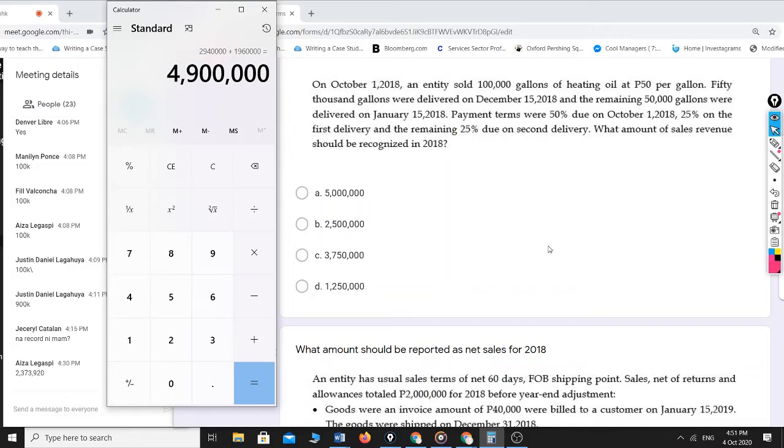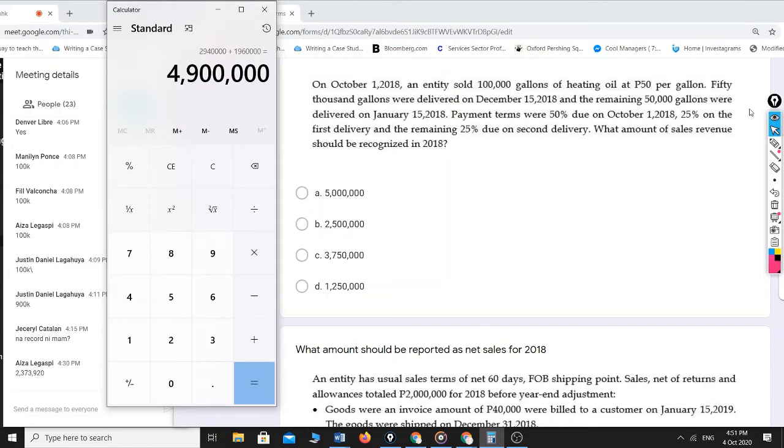Okay, so ang atong lantawon ani sa problem is the date of delivery. Since the question is sales revenue as of 2018, lantawon nato kanus-a na-deliver ang oil, okay? So based sa problem, the 50,000 gallon were delivered on December 15, while the other 50,000 were to be delivered also on January 1, 2015.